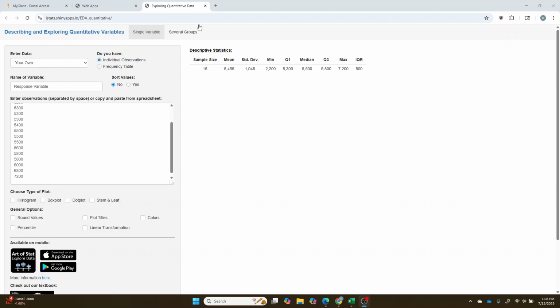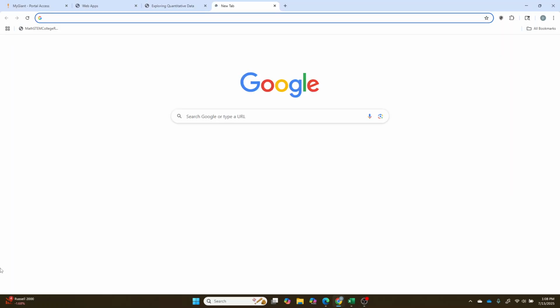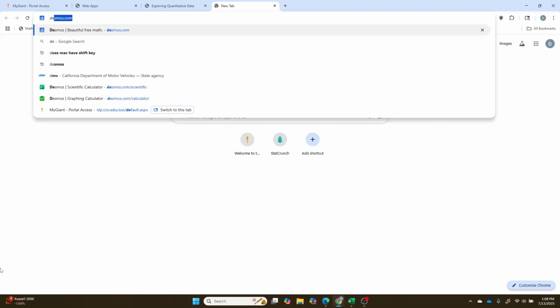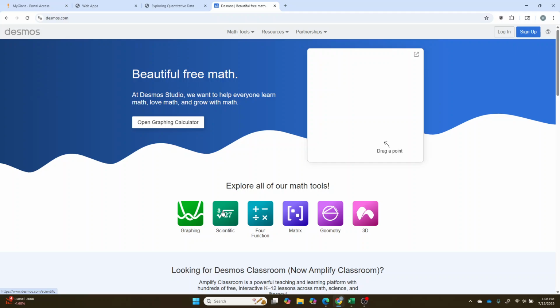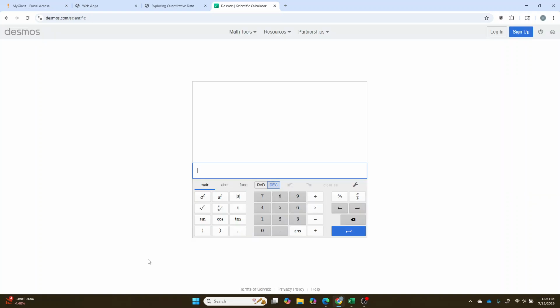I'm going to use the Desmos calculator as usual. So desmos.com. And then I'll open up the scientific calculator. And then I can just punch in these values. Let me show you something that students will sometimes do wrong here. Sometimes they'll want to do this one step at a time. Like they'll say 5,300 minus 1.5 and then hit enter.